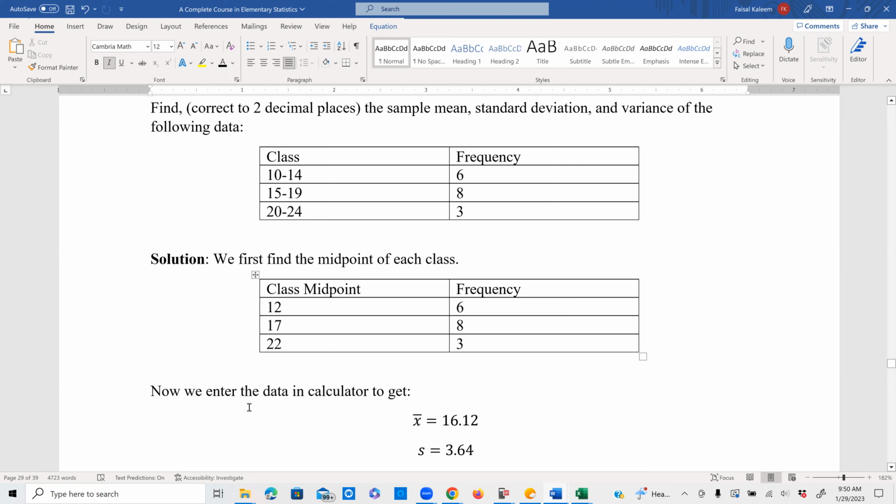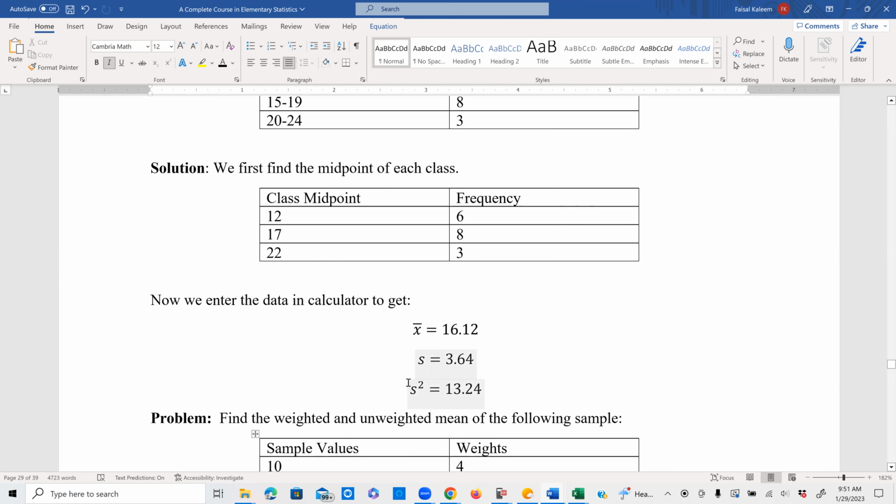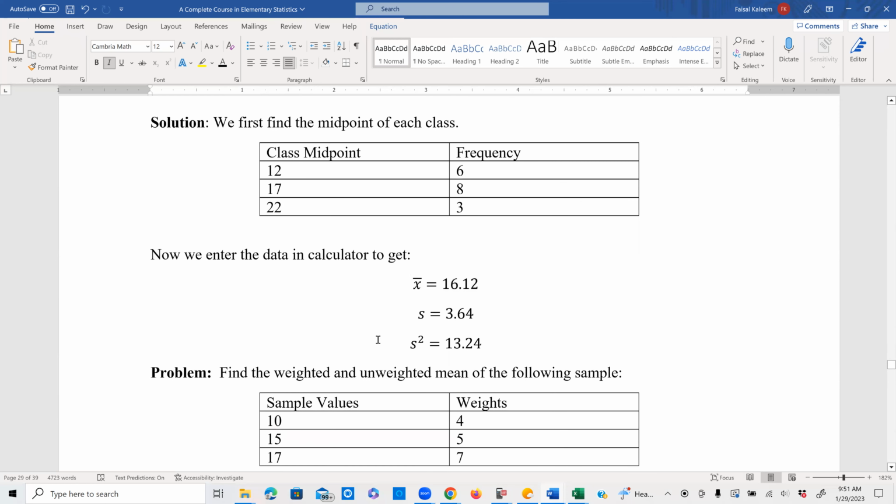And then when we enter it into the calculator, as I explained in my earlier video, the mean is 16.12, the sample standard deviation is 3.64, and then we square it to get the sample variance. There's also a way to find this by hand, as I will illustrate in the next problem. So if you don't want to use the calculator function, you can actually do it by hand.